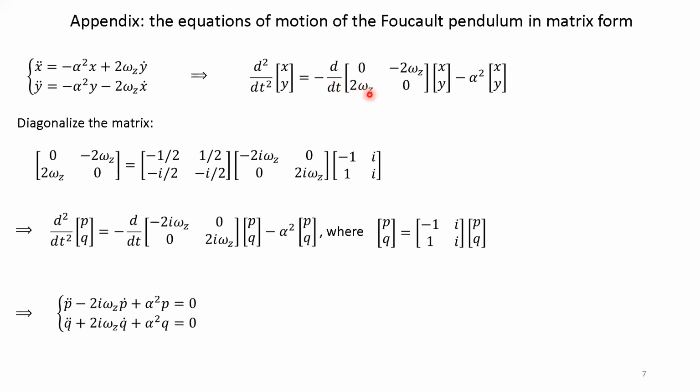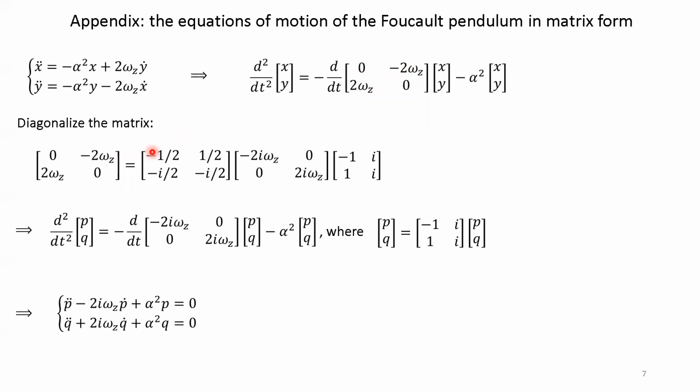Okay. So this time, I'm going to diagonalize this matrix. So this is not a diagonal matrix, right? A diagonal matrix is one where these two have to be non-zero, and these two have to be zero. Okay, so don't be confused. This is not a diagonal matrix to start with. If you actually try to diagonalize this matrix, you realize that complex numbers appear.